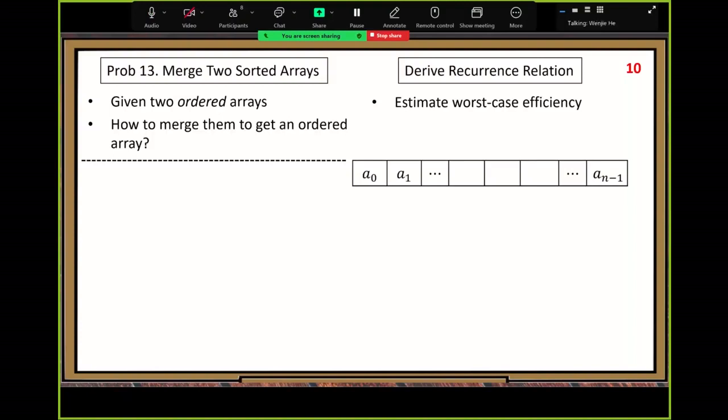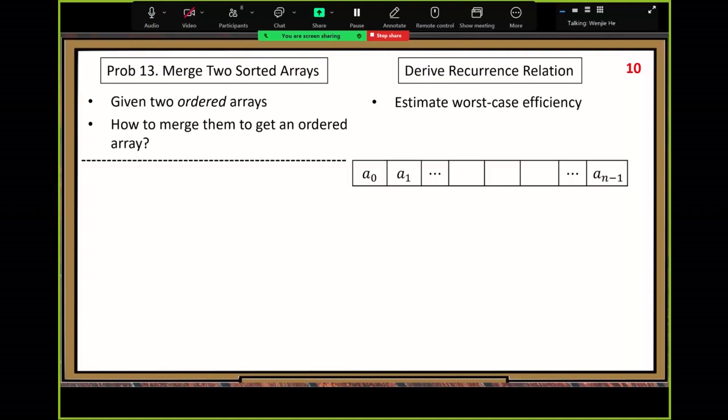Given an array with n elements. Remember, when we do estimation, we do not require our expression to be very accurate. We can use approximation. If you want to use an accurate representation, computation could be very hard.